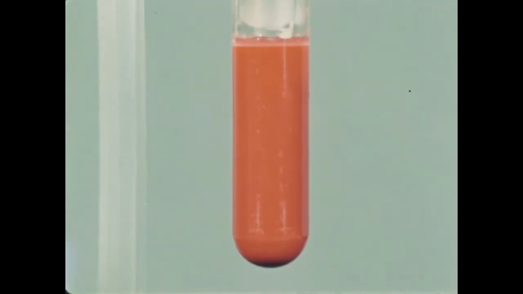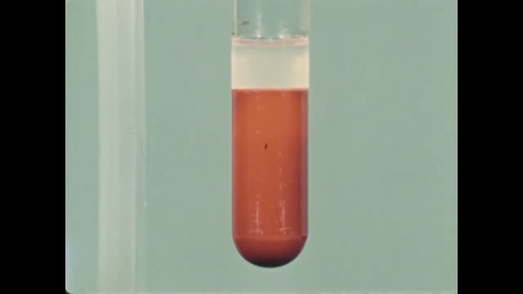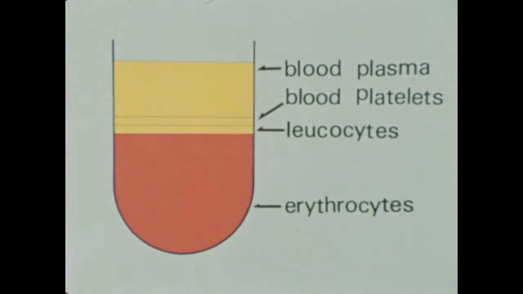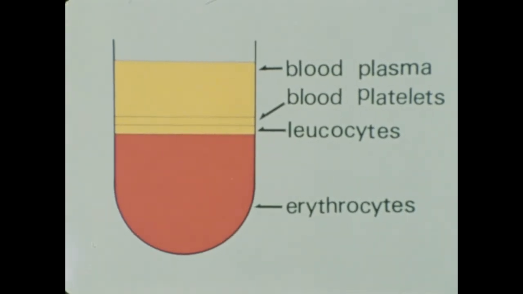Time-lapse photography over a period of 8 hours shows a clear separation of components without coagulation. Blood plasma is at the top. The three kinds of blood cells are below.